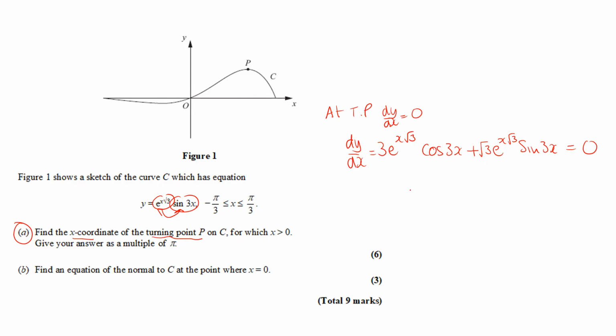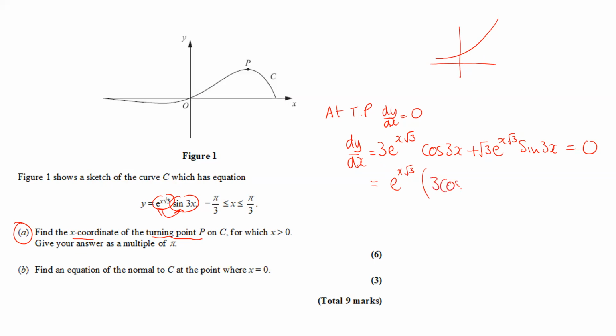Now you've got to think of what this function involves. It involves e's and it involves sine and cos. Sine and cos do actually allow you to go to 0. If you think of the e graph, does that ever go equal to 0? It doesn't. So what we need to do here is factorize, and we can take e to the x root 3 out. And then this is an easier factorizing, isn't it?